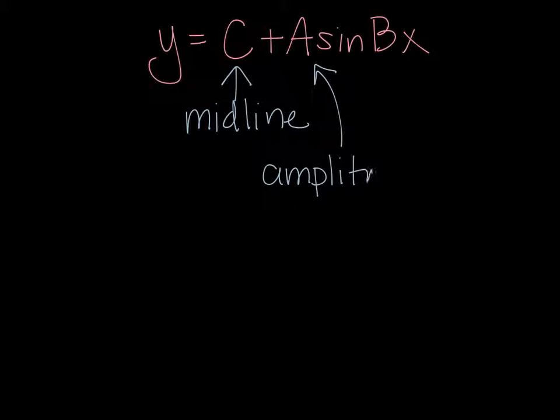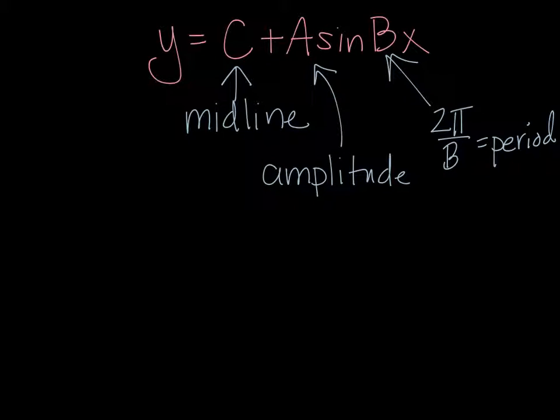It tells us how many spaces to count from the middle to the top of the graph and from the middle to the bottom of the graph. And B finds us our period by taking 2 pi and dividing by B. So B is not the period, but it helps us calculate the period. If it's any number besides 1, the graph will change length.